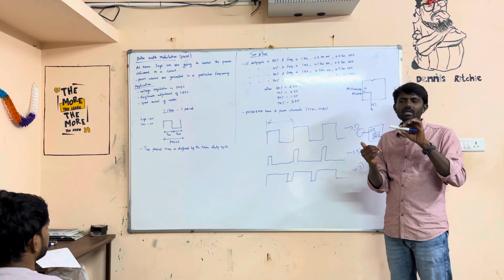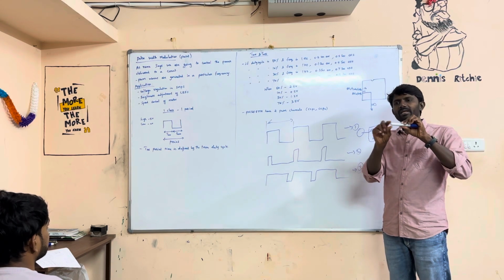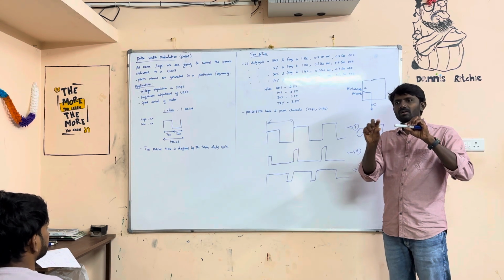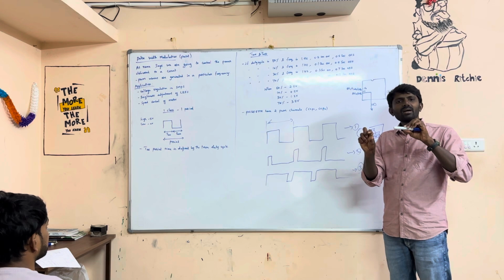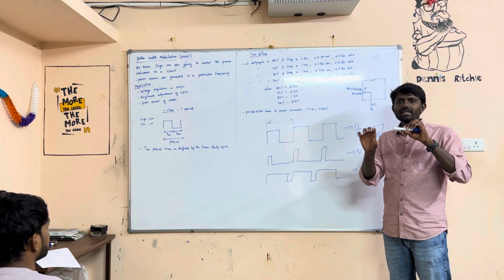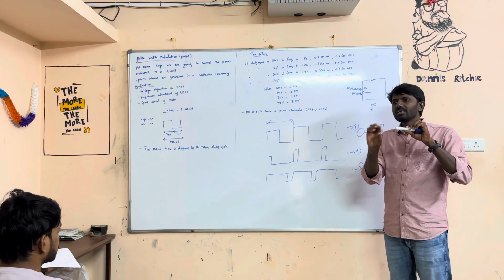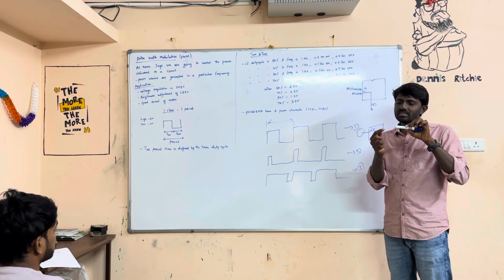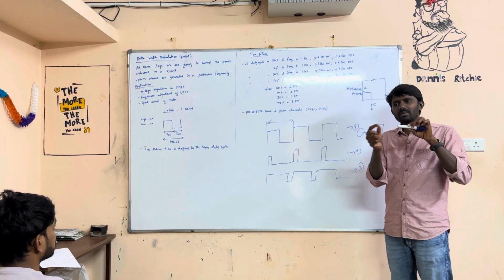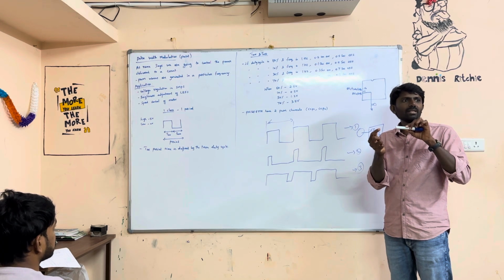In this pipeline, 1 second you are getting the complete water, and the next second completely off. Next 1 second the maximum water, and another 1 second off. So as an average, you are getting 50% of the flow. Got it, right? So the final output here is 50%.